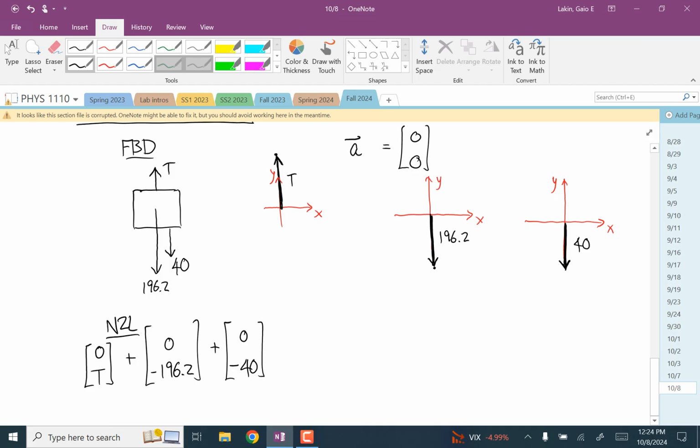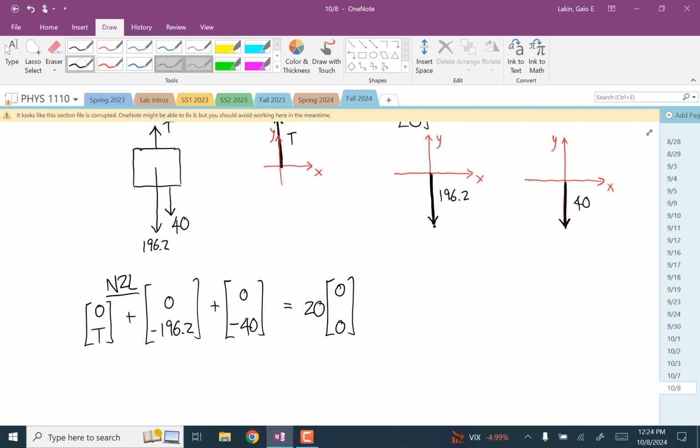Okay? And Newton's second law, now there were 3 forces in the free body diagram, and we have our 3 forces here. Now Newton's second law says this is equal to the mass, which was 20 kilograms, times the acceleration vector, which we know is 0, 0 because it's not moving.